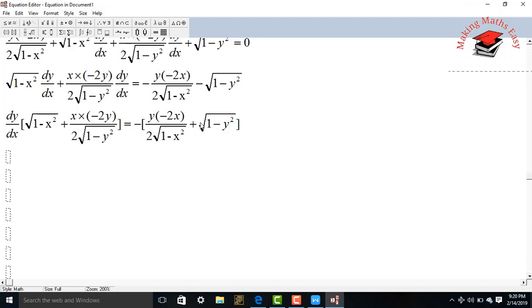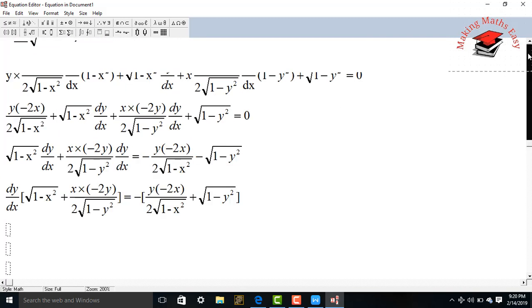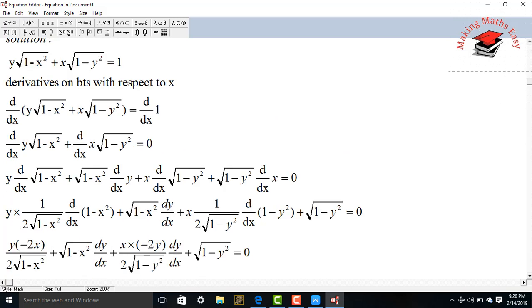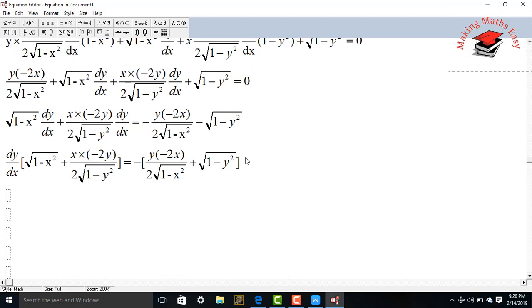Now we have to simplify the function, and we have to prove that the derivative of this function is equal to minus the square root of 1 minus y square divided by 1 minus x square. For doing this, we generally write dy by dx as it is.